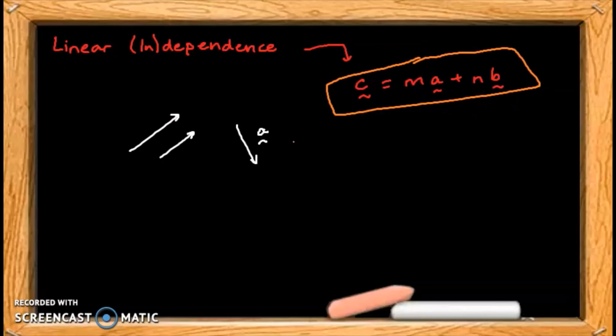And if you need to find out whether a set of vectors are linearly dependent or independent, and you can solve for m and for n, and them both not equal 0, then you know you have linearly dependent vectors.